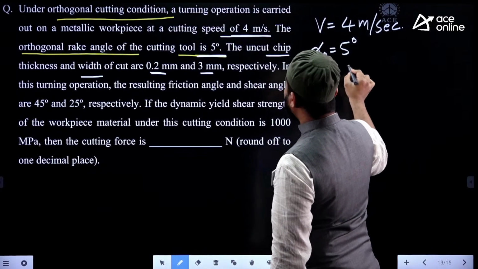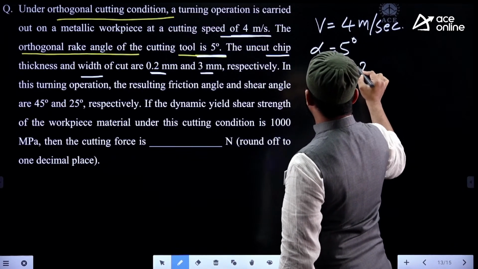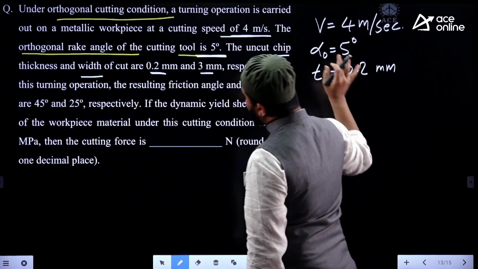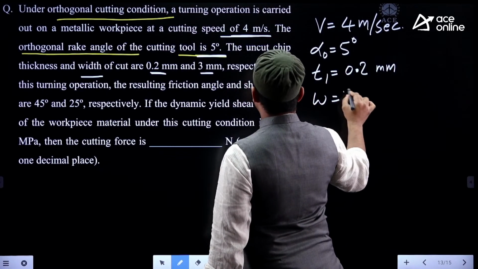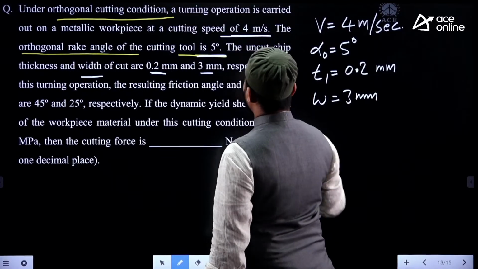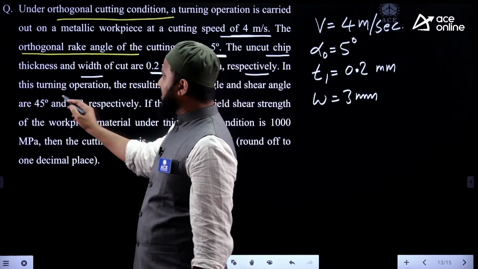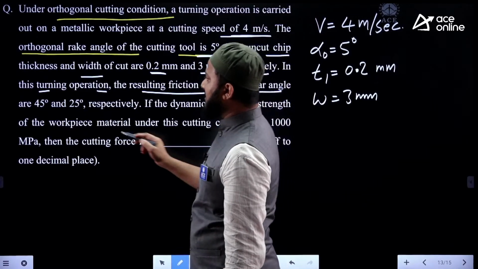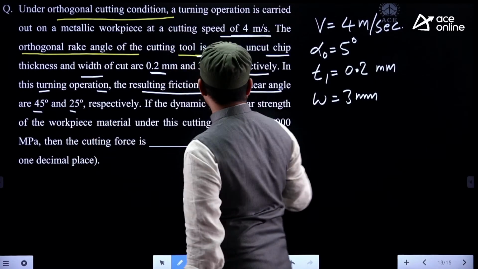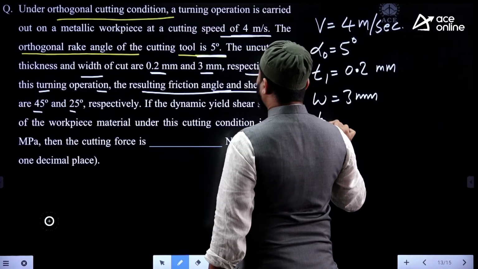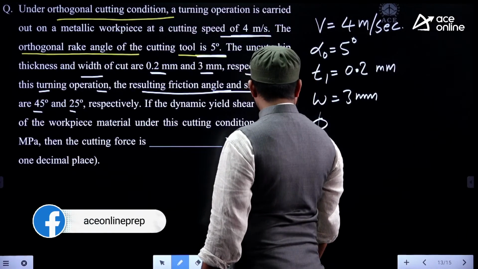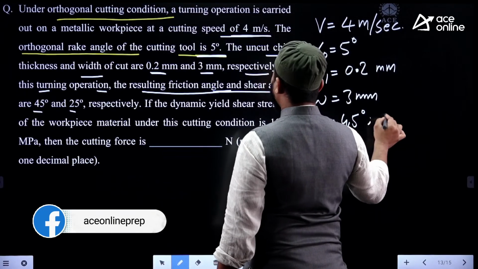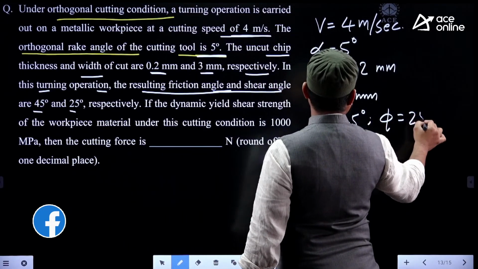Uncut chip thickness t1, as we just discussed, is before cutting. Instead of f cos psi, the feed value, they provided it directly, and the width, which is constant, is also provided, 3 mm respectively. In this turning operation, the resulting friction angle and the shear angle are given: the friction angle is 45 degree, and the shear angle is 25 degree.